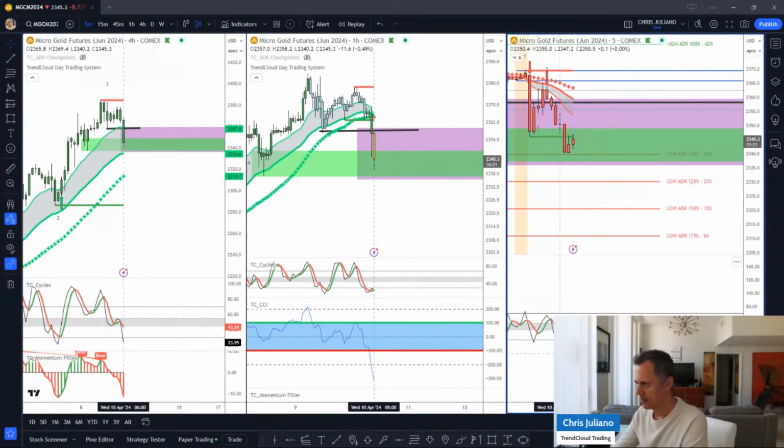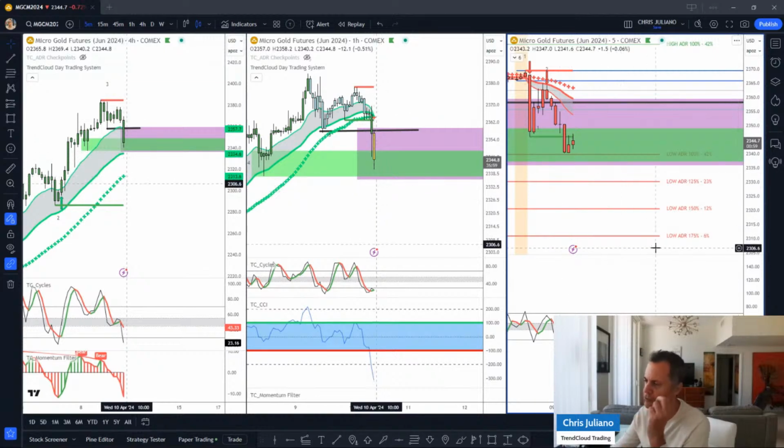But we need a couple of crossovers, right? We never just take one crossover. It's got to look like this. We've got to have that pattern on the lowest time frame in order to take the trade.